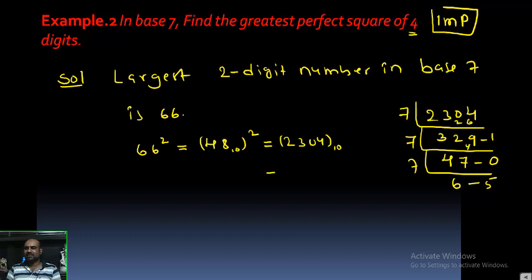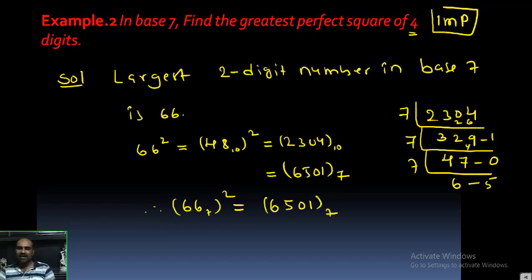So this is the same as 6501 base 7. In other words, the square of 66 base 7 is nothing but 6501 base 7.